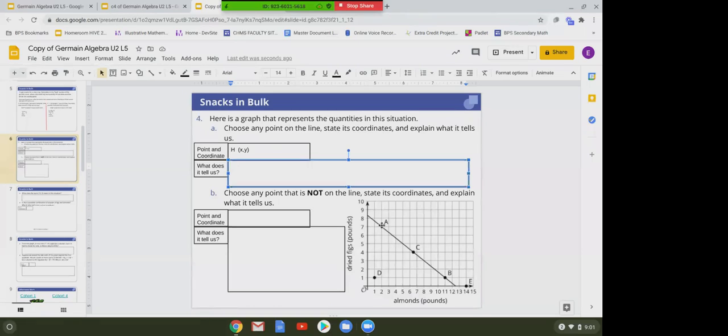Same thing for a point that doesn't fall on our line. You're naming it, coordinate. You're telling me what the fact that it doesn't fall on the line means, and what it means in the context of the story. Okay, you're taking 3 minutes right now, starting right now.